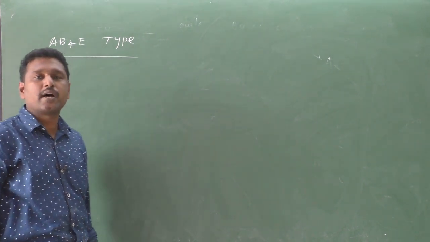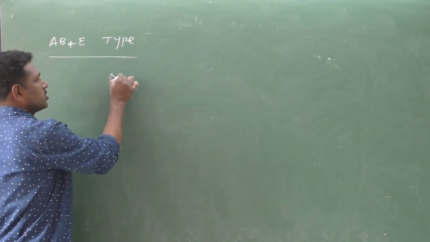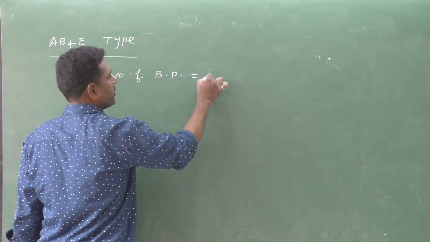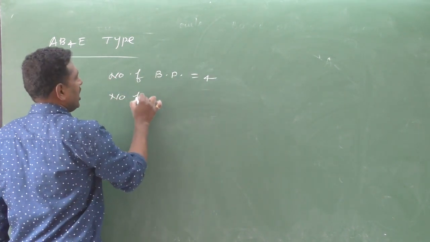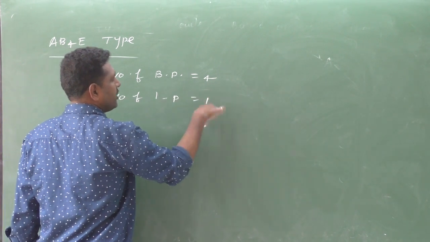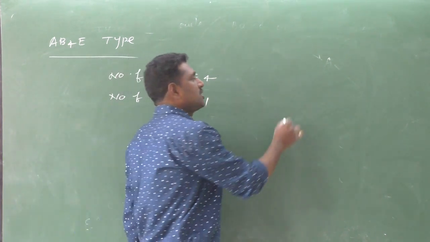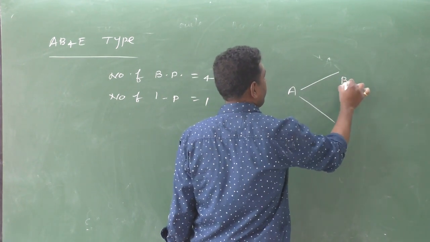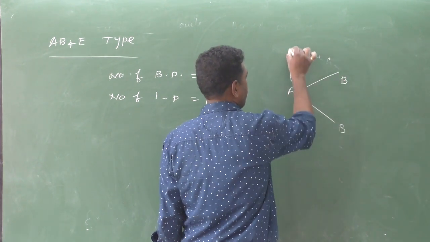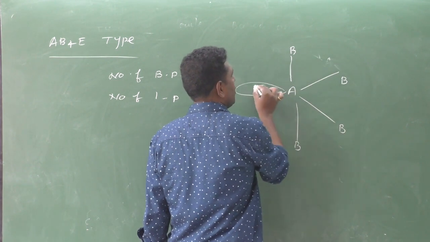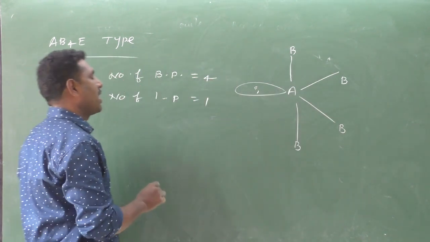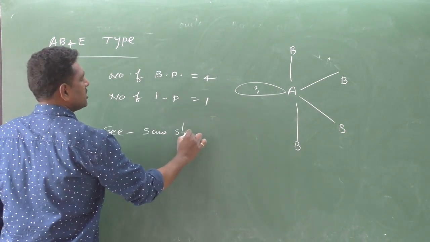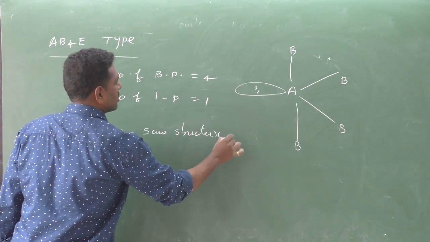Number of bond pairs is 4, number of lone pairs is 1. And the structure is like this: A, B, B, B, B, and here a lone pair. The structure is called seesaw structure.